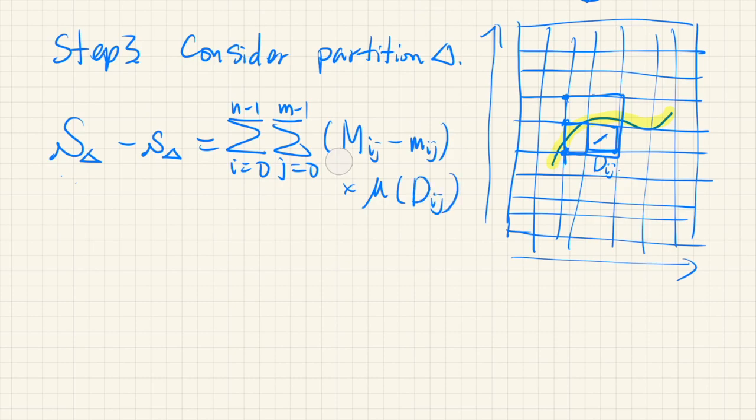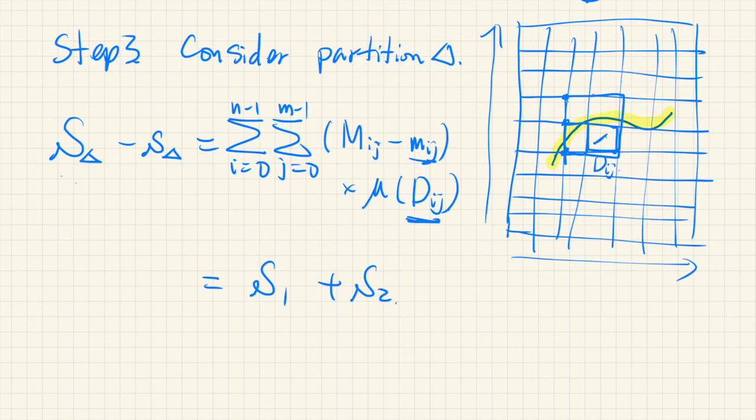Okay, and of course this uppercase Mij is the supremum of the functional value on dij, and lowercase mij is the infimum of the functional value on the region dij. Now we split this sum into two parts, S1 and S2.